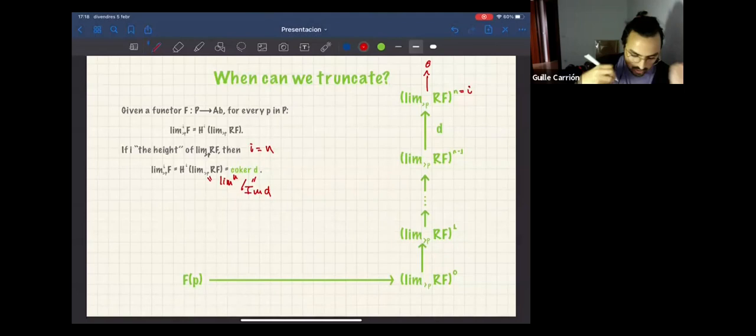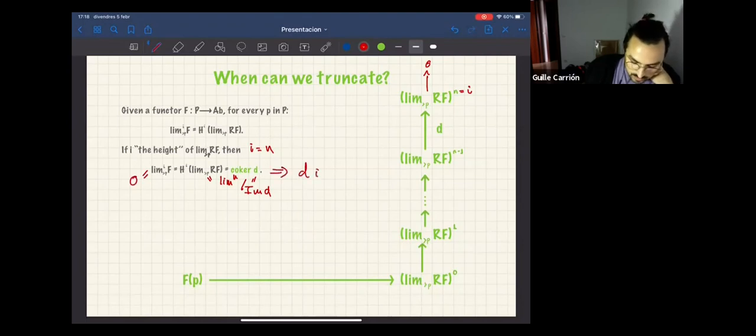And if we know for any reason that this is 0, then this implies that D is surjective. And then this implies that this map is truncatable.